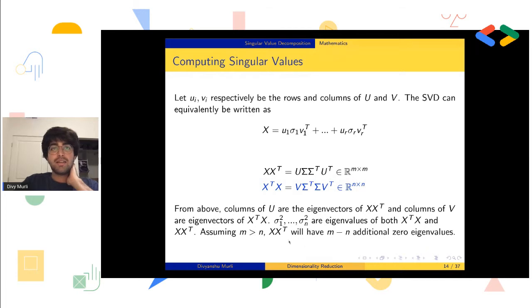Assuming that m is greater than n, then we can also have a large number of zero eigenvalues in this first case. I have highlighted this second equation in blue because it'll come in handy and be important later.